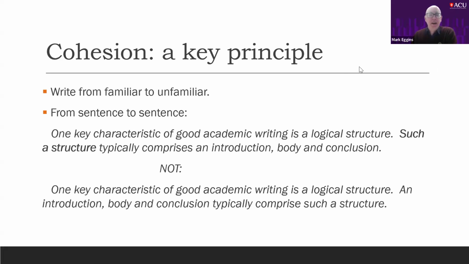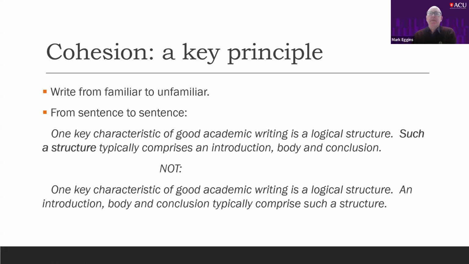Whereas in the other example, the new information goes first, introduction, body, and conclusion, and they put the structure at the end. So, as I said, you might occasionally go for the other style if you really want to emphasize, and maybe you're going to talk a lot about introductions and bodies and conclusions after that.